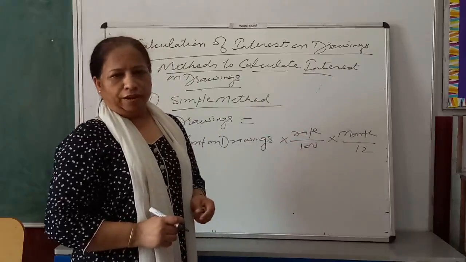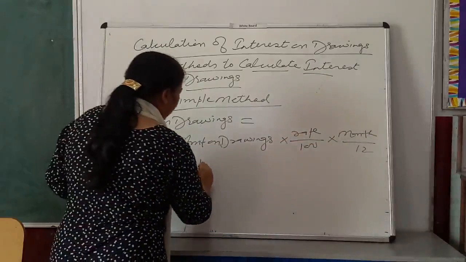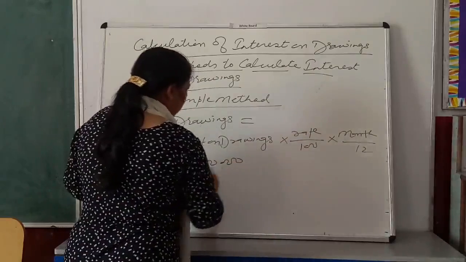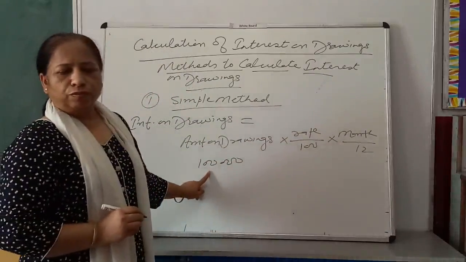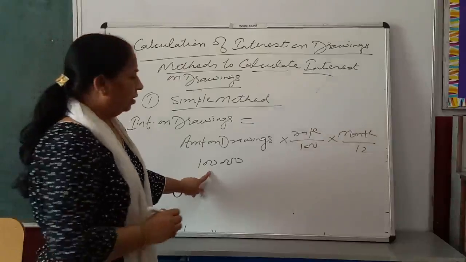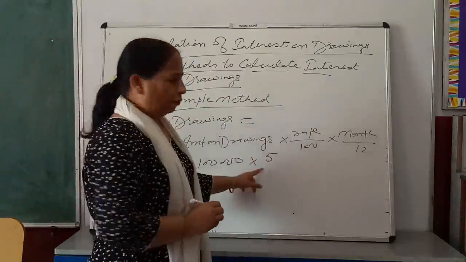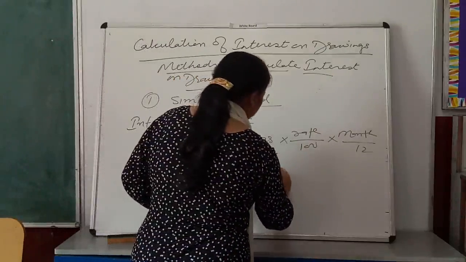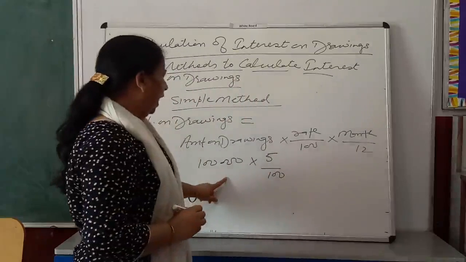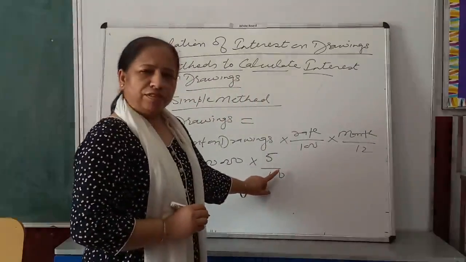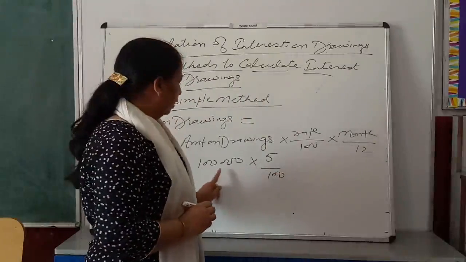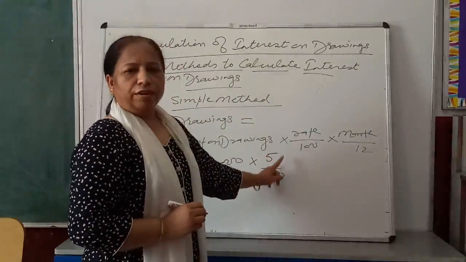Right? Suppose 1 lakh is the amount of drawings. Rate of interest is 5%. You will write here 5 upon 100. And months are not given. This is your annual interest.